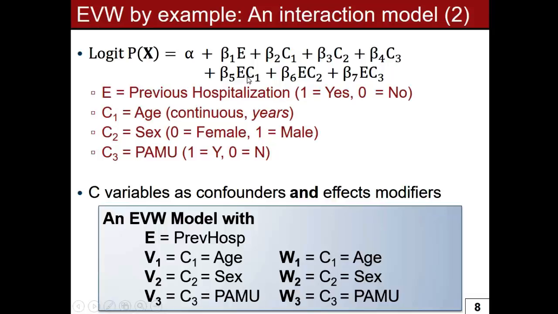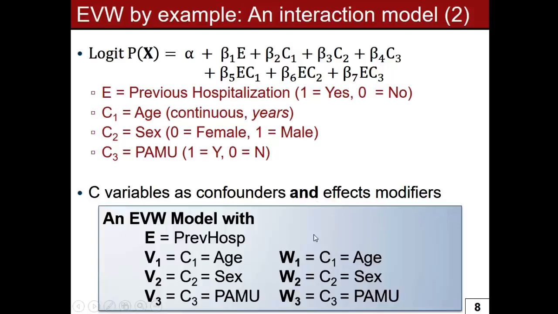And since it's multiplying exposure, it's an effect modifier, right? That's by definition what it means. Remember, the odds ratio, back 45 minutes ago, changed when we had something multiplying by the exposure. It's an effect modifier. E times C1 means C1 is modifying the effect of the exposure in our odds ratios.